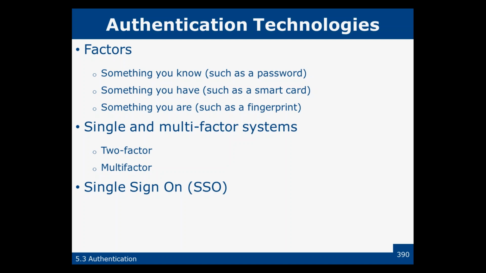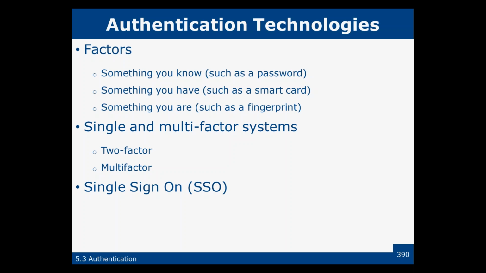We can have multiple factors. We talk about multi-factor or two-factor authentication. Two-factor authentication means that you use 2 of the factors, maybe a smart card and a PIN. A fingerprint reader and a PIN again, or a fingerprint reader and a smart card.